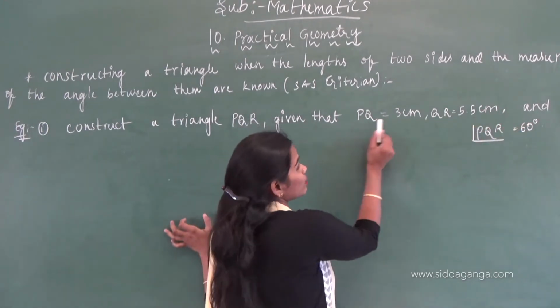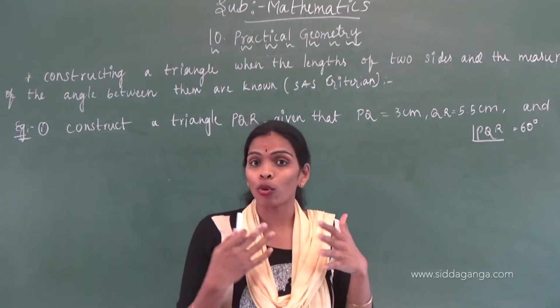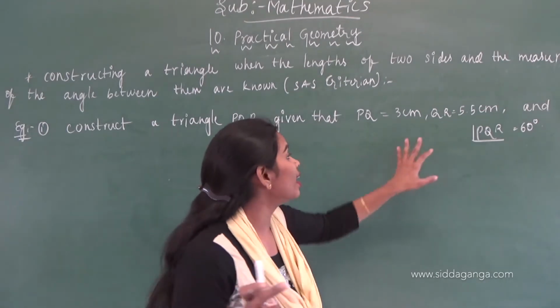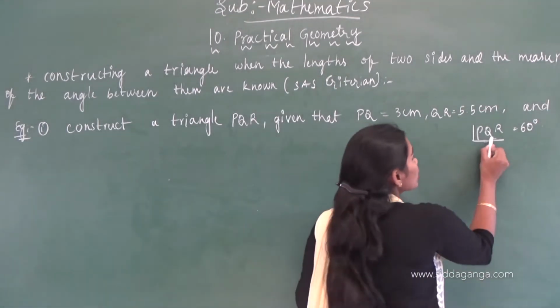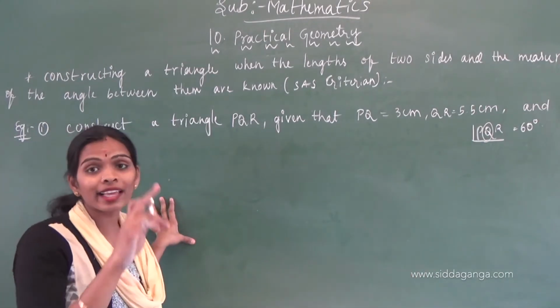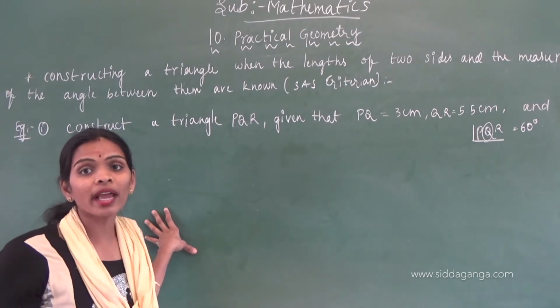In these two sides, which point is common? Q. If we know Q, we can construct the triangle because it is the included angle. Here they are also giving PQR, that means angle Q equals 60 degrees. Now we have to construct the triangle.